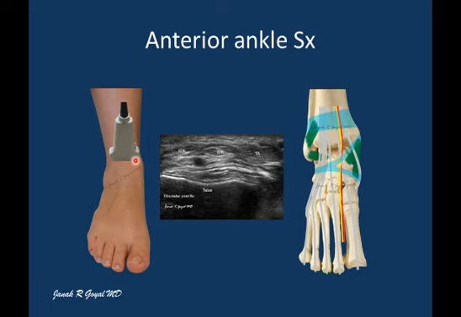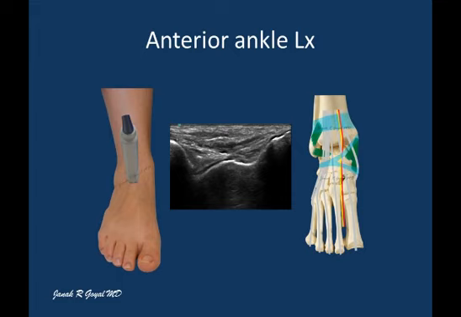Sweep your transducer up and down over the structures of anterior ankle and examine from medial to lateral the tendon of tibialis anterior, the tendon of extensor hallucis longus, anterior tibial artery, deep peroneal nerve, and the tendon of extensor digitorum longus. Toggle your transducer to differentiate between the tendons and hyperechoic fat by the use of anisotropy.